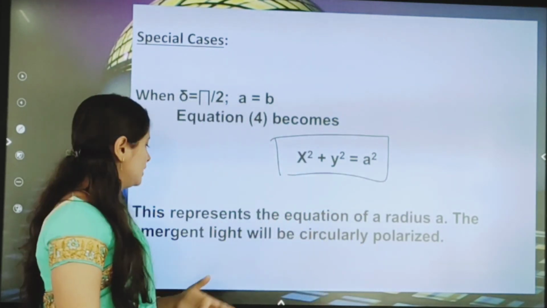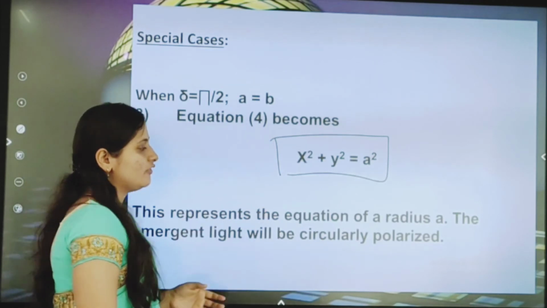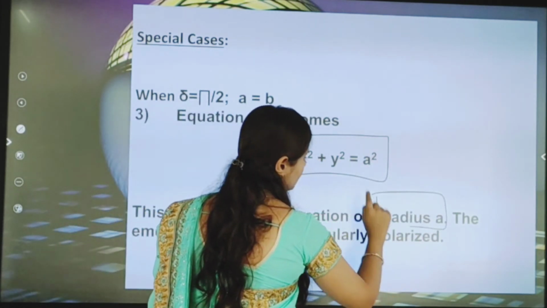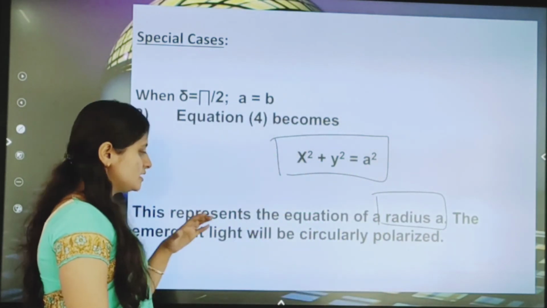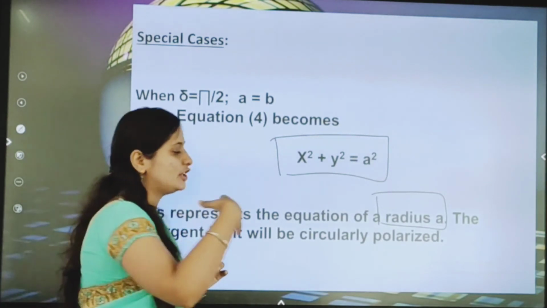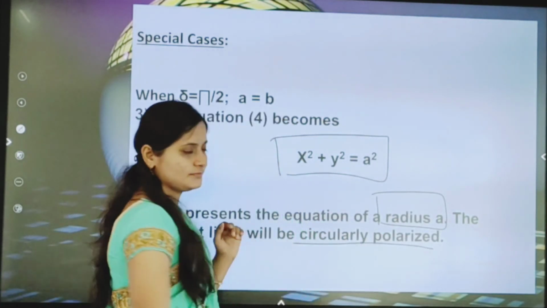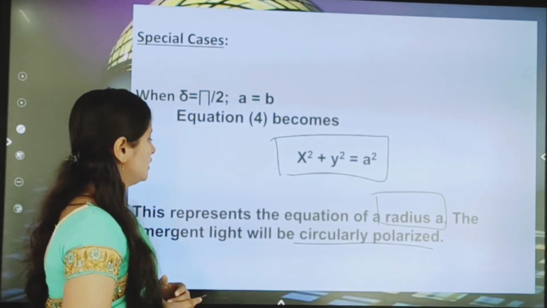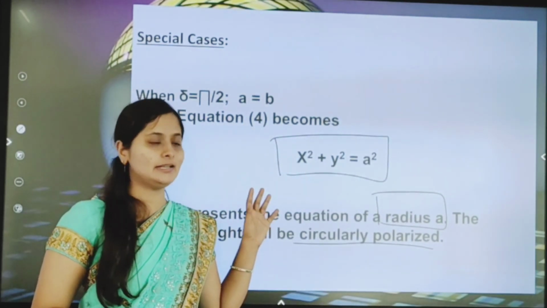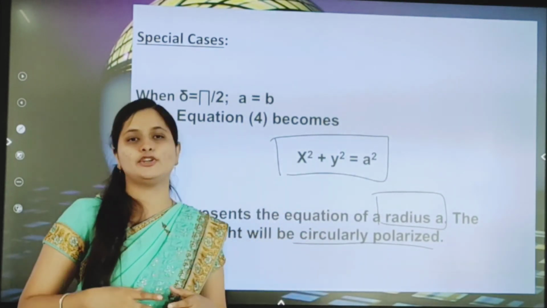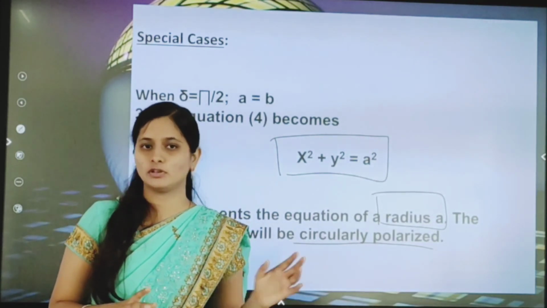Okay, again we can conclude this represents the equation of a circle of radius a. So the emergent light will be what? Circularly polarized. By this we can conclude here our light is circularly polarized. Okay, this is the third case.